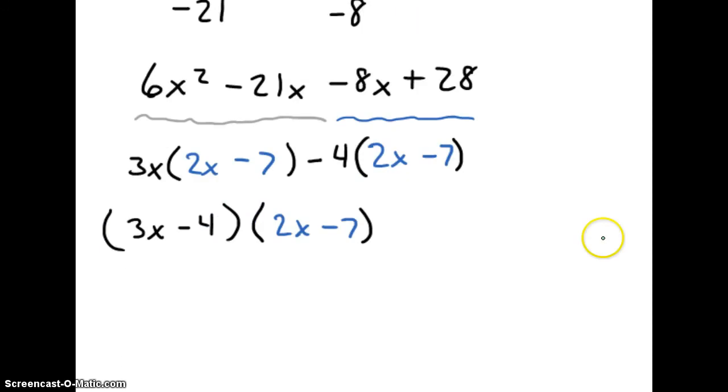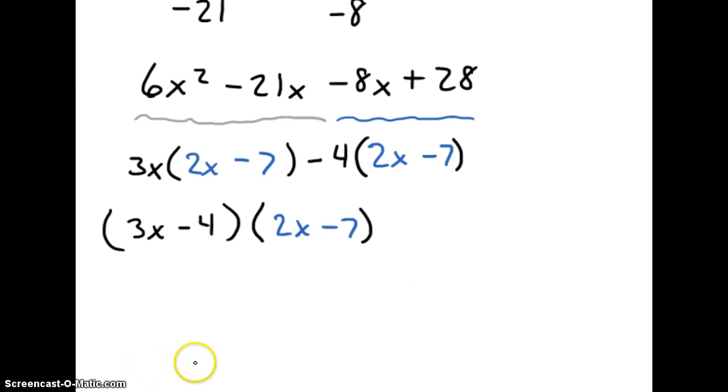And then at the very end, hopefully you've gotten something like 2x minus 7 and 2x minus 7. Hopefully you've gotten the same thing in each of these groups, and that will allow you to factor the entire thing the way it's supposed to. And it's very quick and it's very efficient, and it's much better than any other method I've ever seen before.